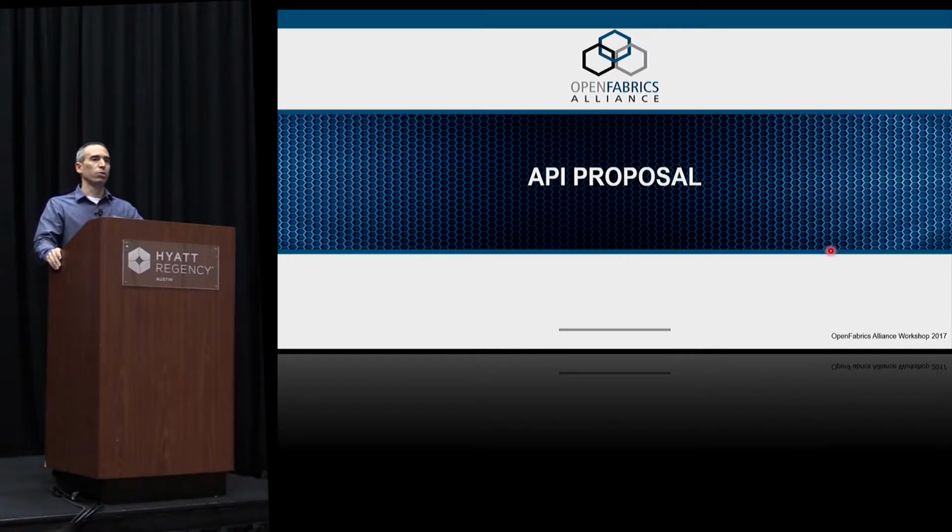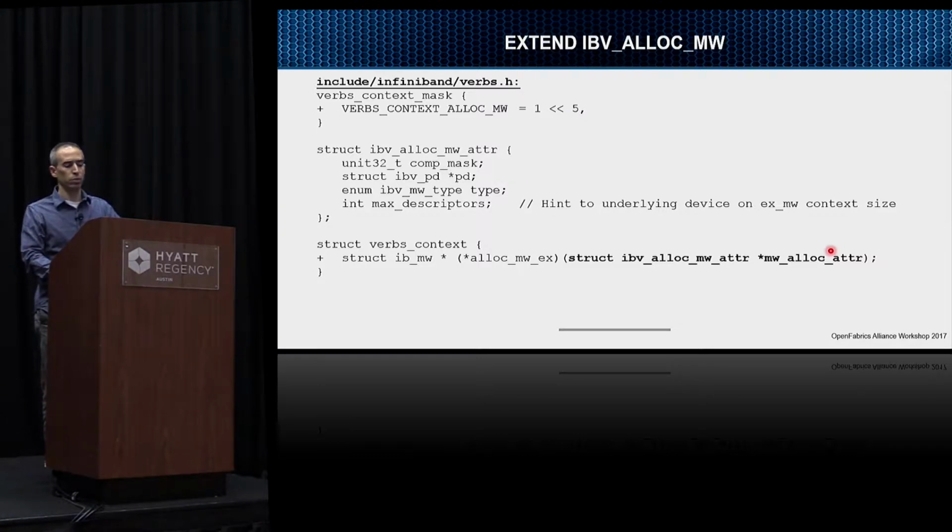Okay, now continuing with the API proposal and how we suggest to expose this through verbs. We see a good match with describing the non-contiguous memory with the already existing memory window verb object, and we suggest to expand that object to support such patterns.